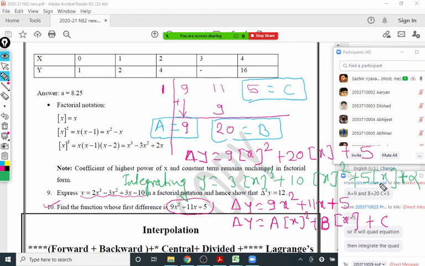You write factorial x as x only. This is x into x minus 1, and so on, and you can write that y. So that is the answer, or you can keep this also as the answer. This is y in factorial form whose first difference is the given function. Okay, so that is the answer. Any doubt, anyone?